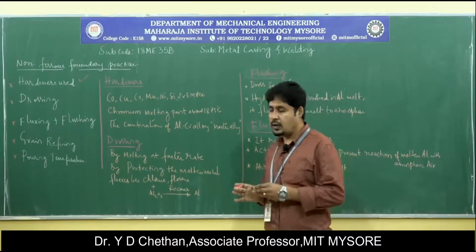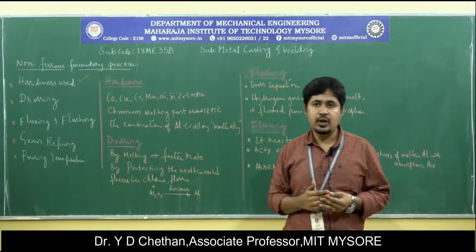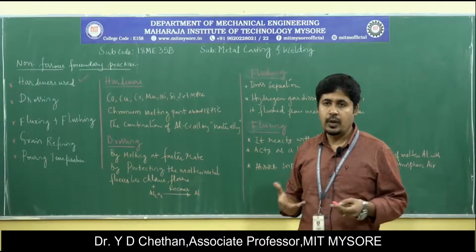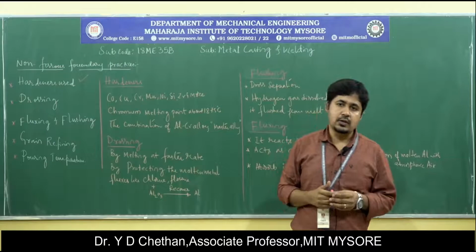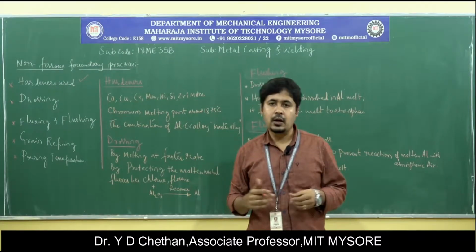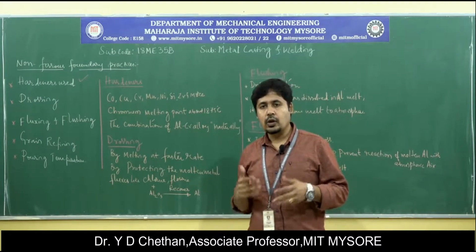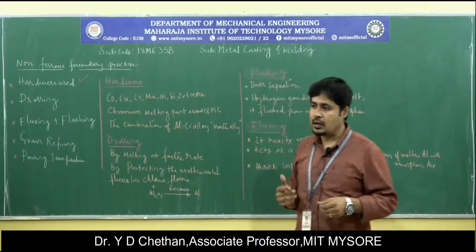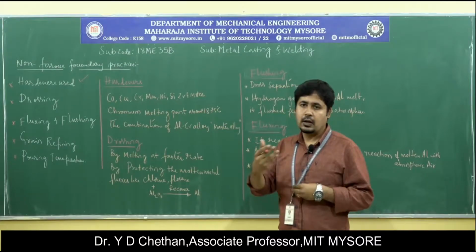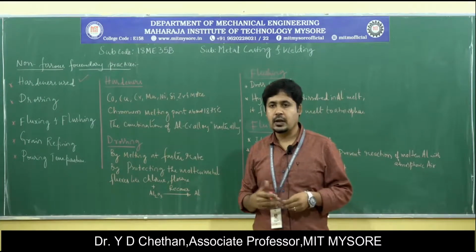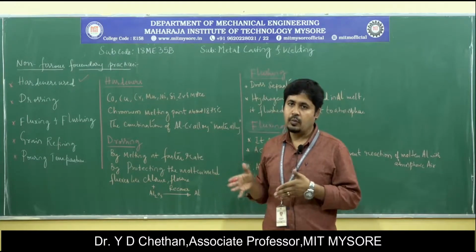Since we have dealt with aluminum casting, which has a low melting point, this particular alloy is deficient with respect to hardness and strength. In order to incorporate strength and hardness, we have to have the hardeners, so that we can improve properties like hardness and strength in aluminum alloys.